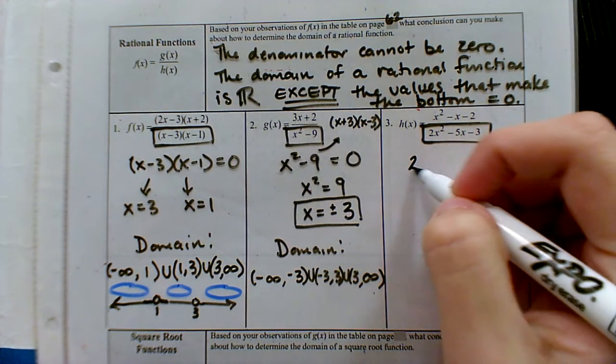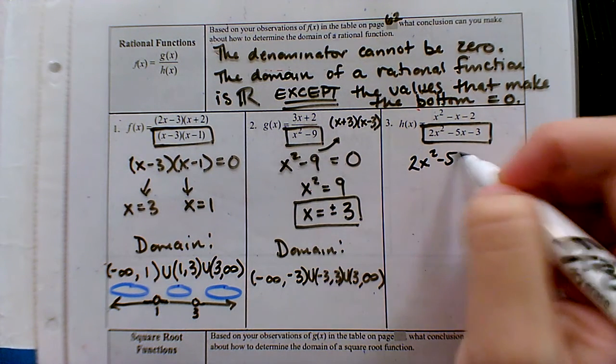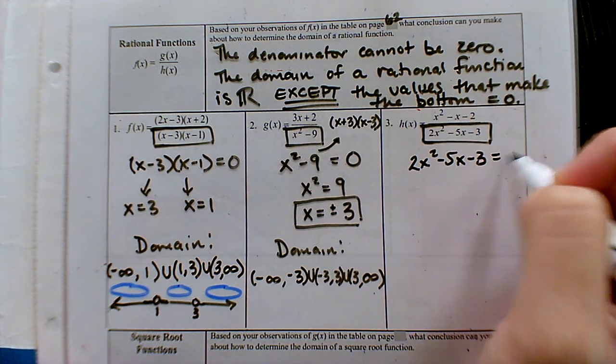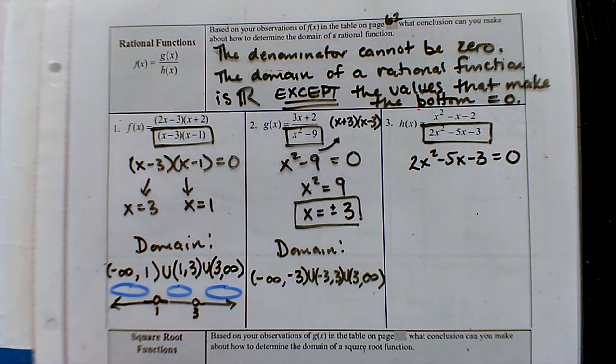Okay, so let's go ahead and figure out for our third rational function what makes the bottom 0. How are we going to tackle this one in terms of factoring? If we think about our different techniques, different methods. Is there a GCF we can pull out?